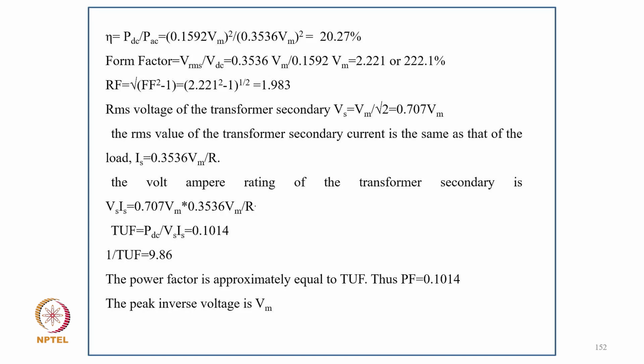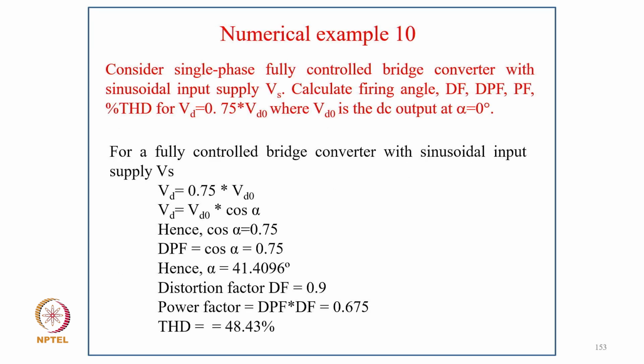The RMS voltage of the transformer secondary Vs equals Vm by root 2, that is 0.707 Vm. The RMS value of the transformer secondary current is the same as the load current, so Is equals 0.3536 Vm upon R. The volt ampere rating of the transformer secondary is Vs times Is equals 0.707 Vm into 0.3536 Vm upon R. The transformer utilization factor is VDC upon Vs Is, that is 0.1014, and 1 by TUF equals 9.86. The power factor is approximately equal to TUF, thus the power factor is 0.1014, and the peak inverse voltage is Vm.